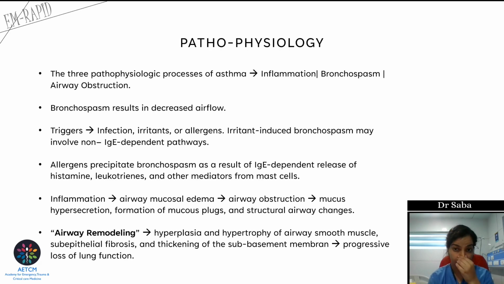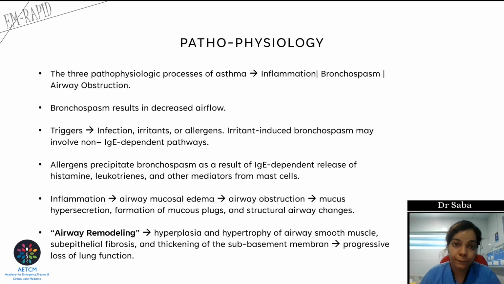Bronchospasm will decrease airflow, and triggers include infection, irritants, or allergens. Allergens that precipitate bronchospasm are a result of IgE-dependent release of histamine, leukotrienes, and other mediators from the mast cells.